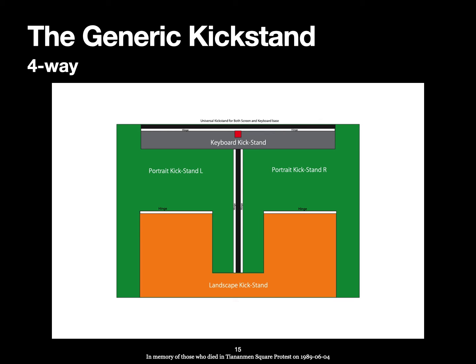The four configurations are: at the top, we have the keyboard kickstand. When this is attached to the input device casing, the keyboard kickstand will allow it to rise the keyboard portion, or should we say the input devices section, to a more ergonomic position.